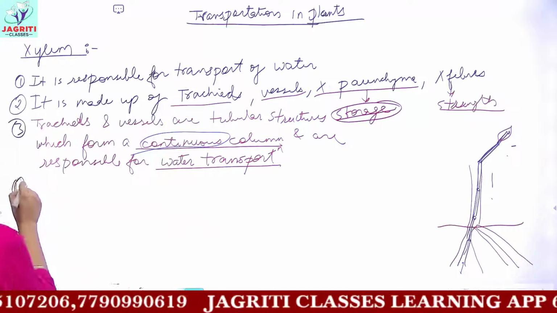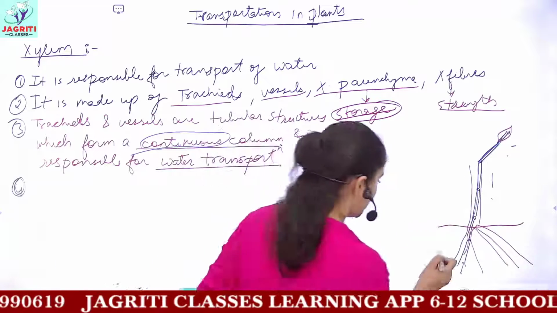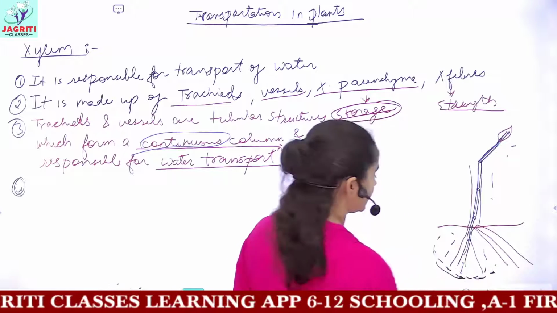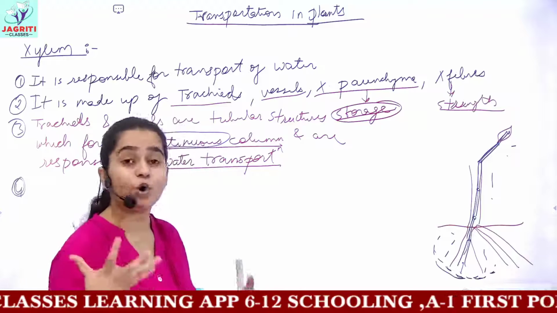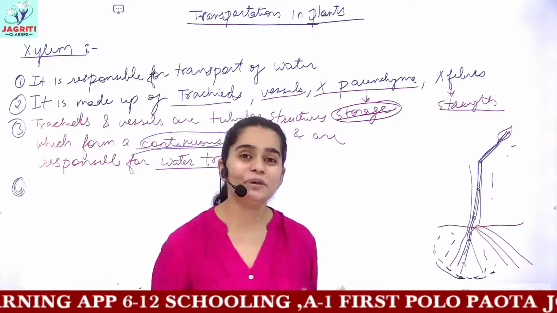Now we are left with the question of how these roots are able to absorb water from the nearby soil particles. These are your nearby soil particles. So what causes the water to move from the soil into the roots? What is the reason behind this?